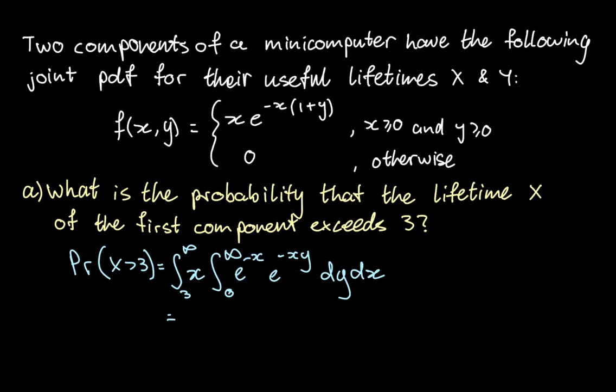Okay, now e to the negative x is purely in terms of x. I can take that out of this integral as well, so I do so. And now I actually have a relatively simple integral to solve in terms of y, just treating x as a constant.